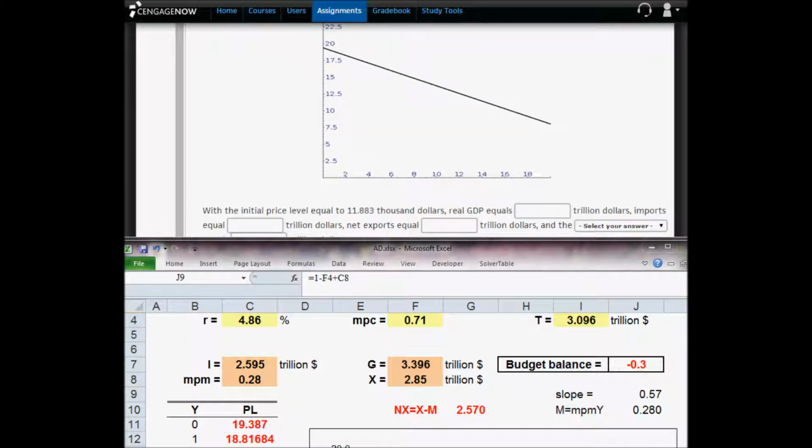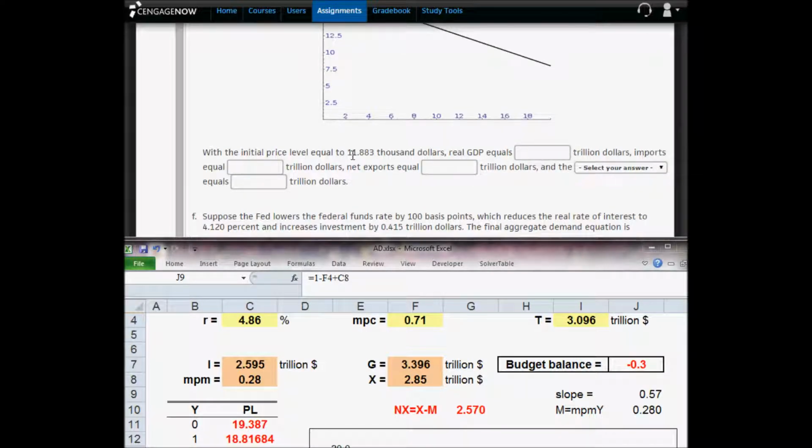If you were to print out this diagram, you'd put PL here for price level, which is in thousands of dollars, Y down here, which is in trillions of dollars of GDP, and you'd label this line aggregate demand.